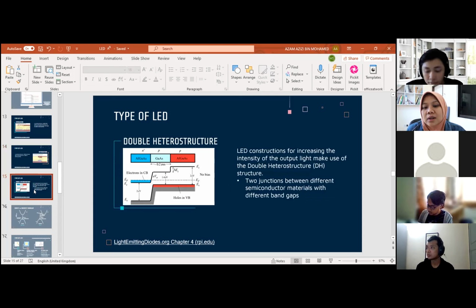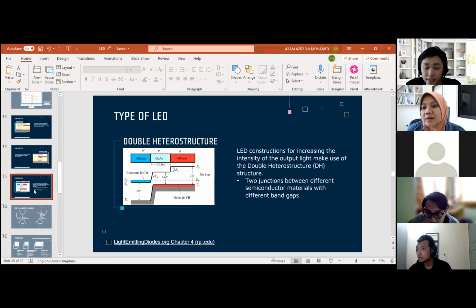Now, when you were explaining the heterostructure and the quantum wells, it was a bit confusing just now. You said the heterojunction works the same as the quantum well LED, right?